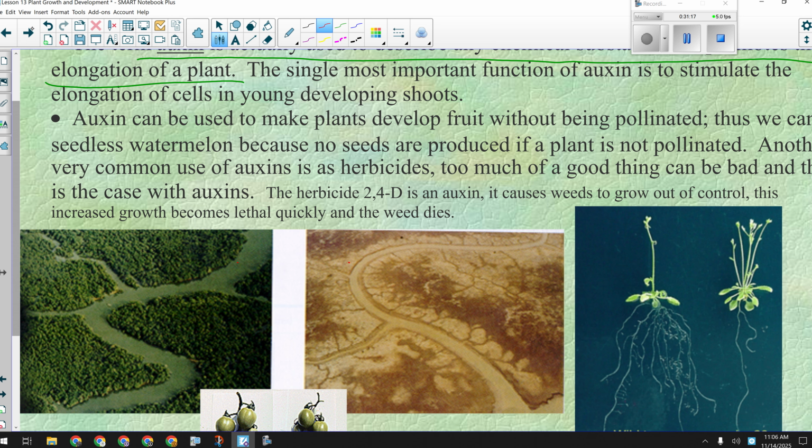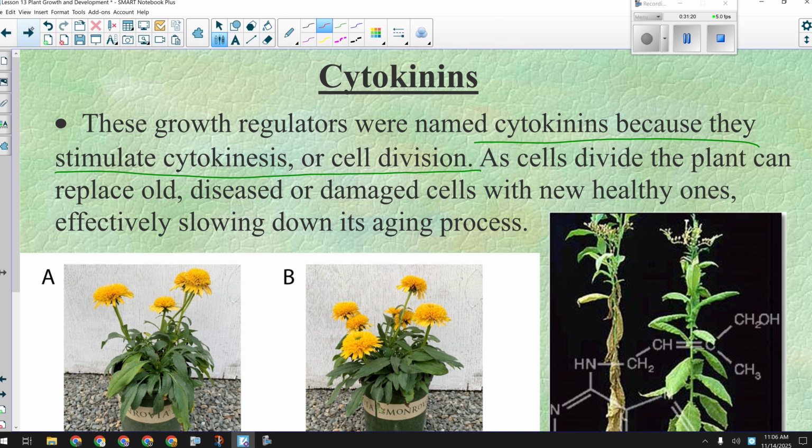Moving on here. Cytokinins are the next one. Cytokinins cause cytokinesis, which is cell division.